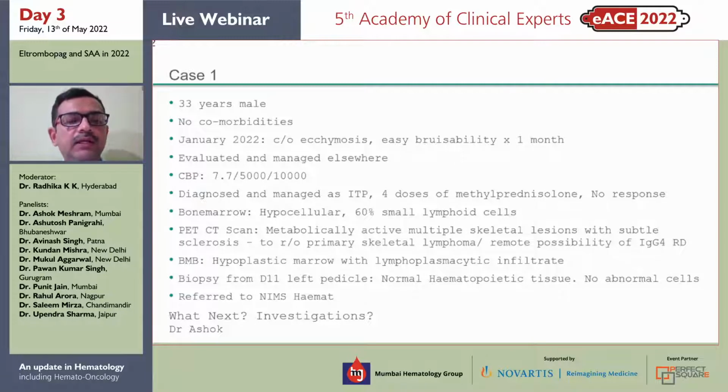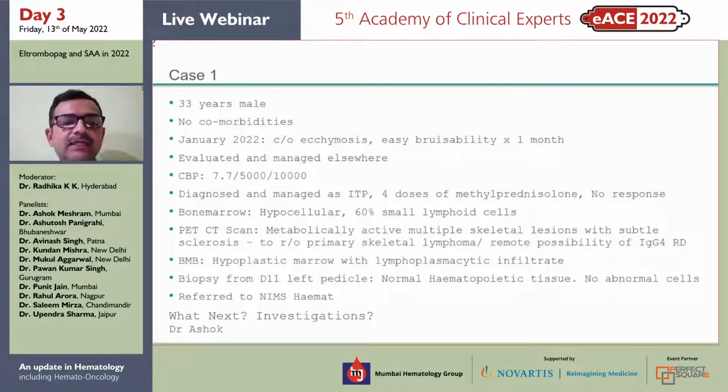For that, bone marrow has already been done, so we have to review this bone marrow for confirmation of the diagnosis, and simultaneously I'll prefer to go ahead with genetic testing to exclude other associated conditions, because here lymphoplasmacytic infiltrate is there. So I have to exclude other malignancies, hematolymphoid malignancies, at least clonal myeloproliferation.